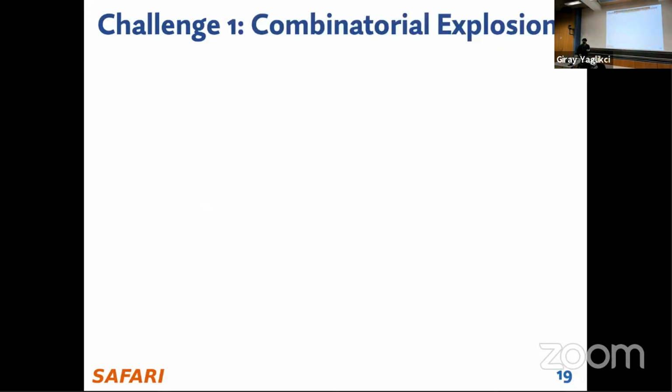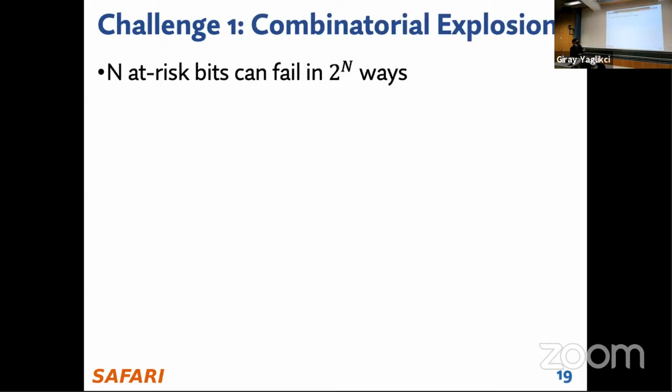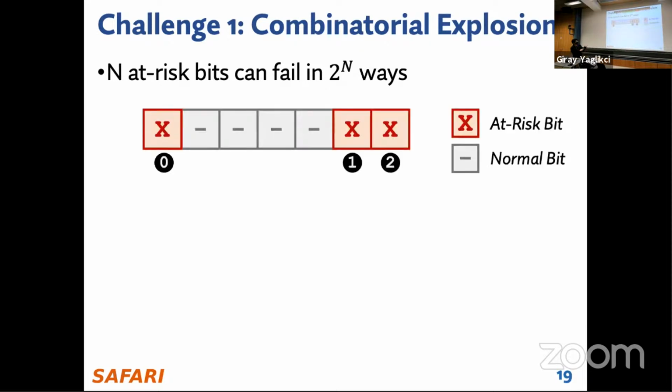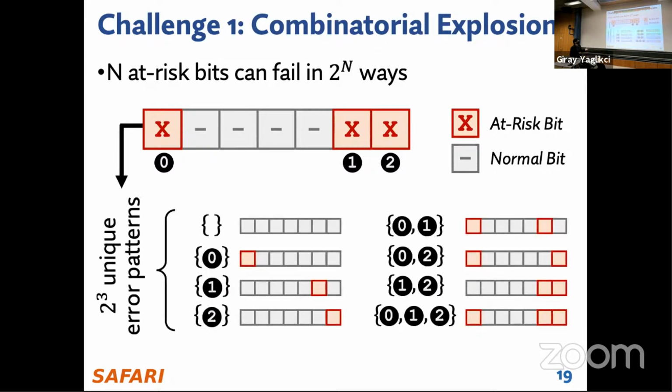First, we're looking at the combinatorial explosion of errors. The key principle here is that n at-risk bits can fail in 2 to the n ways, right? If we have this picture from before, where I labeled these errors 0, 1, 2, we have 8 possible patterns that can occur depending on which of these at-risk bits decides to fail. So we have 2 to the 3 patterns, right?